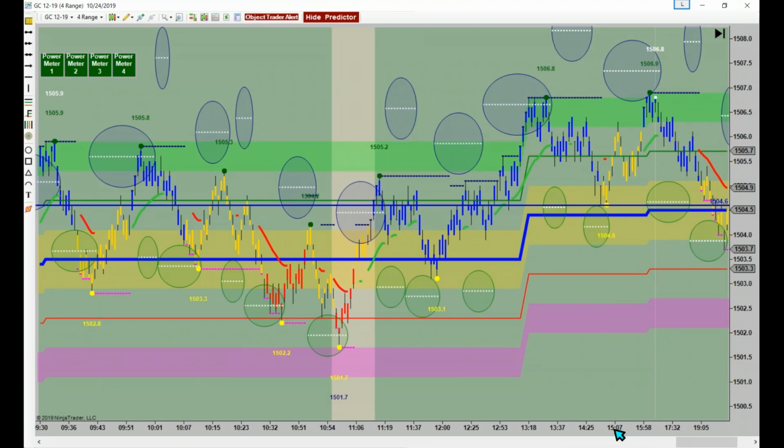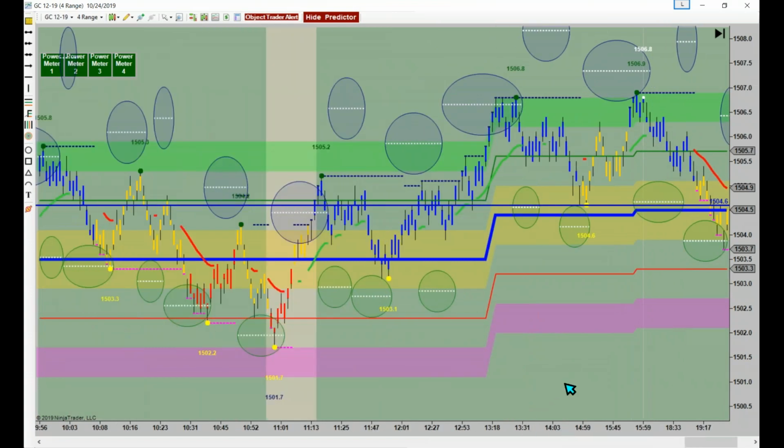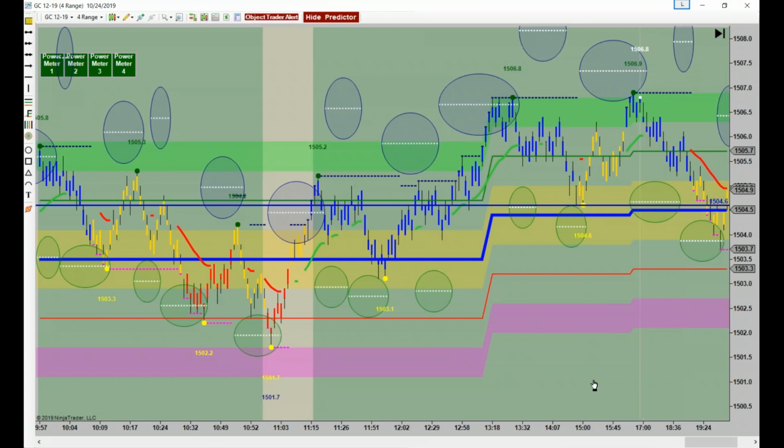And that's one thing about mid-band trades that's a little bit difficult for some people, simply because you take one and that particular trade doesn't go your way, and then you hold on to it instead of getting out of it. So let's say that maybe you got in right here when it took out resistance, or you might have gotten in on the bar close of one of these, just simply because it was under mid-band, or if you just tagged the mid-band trade at 1504.50.